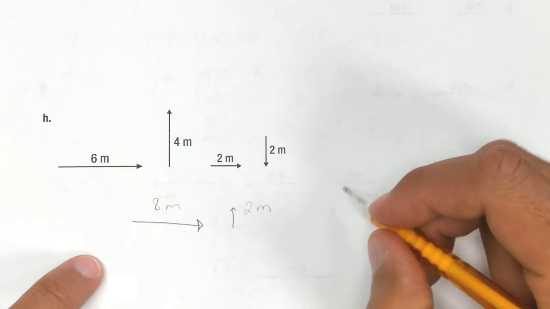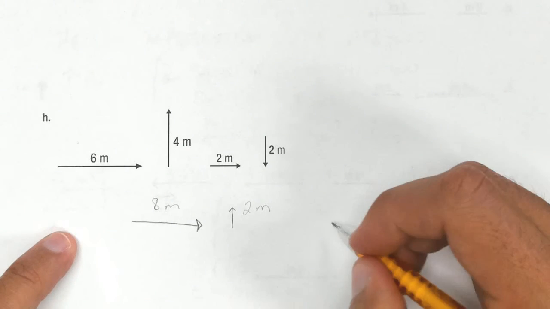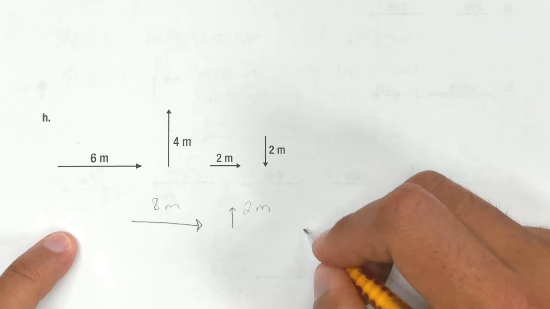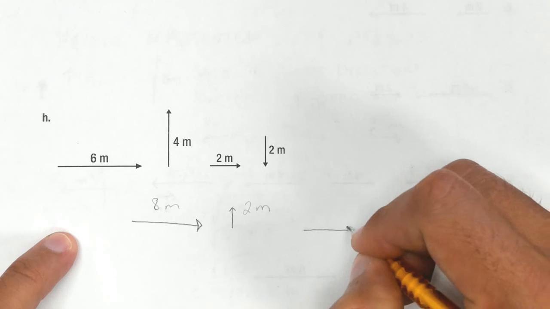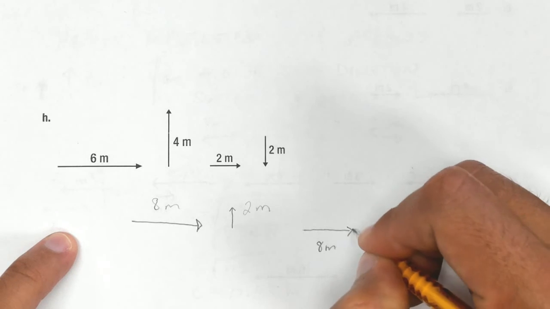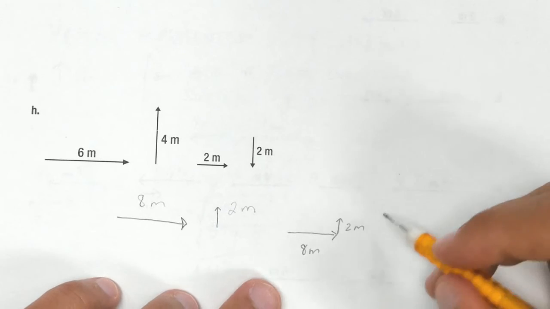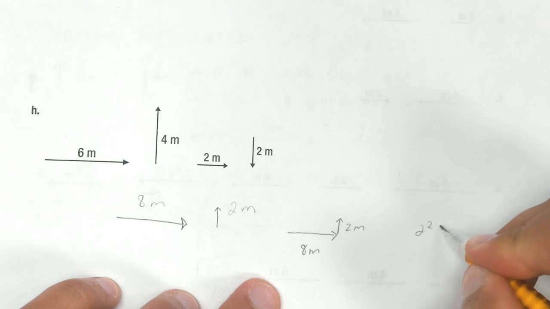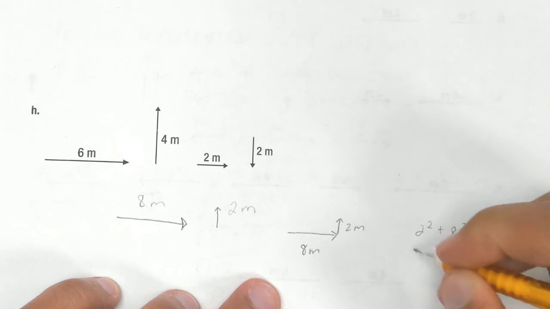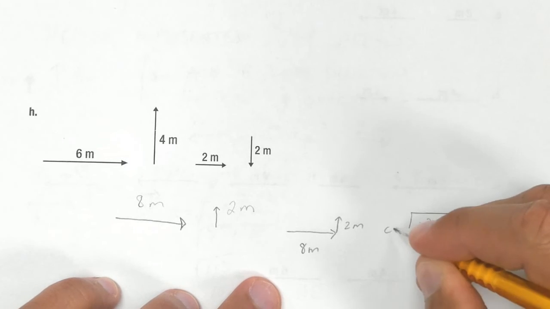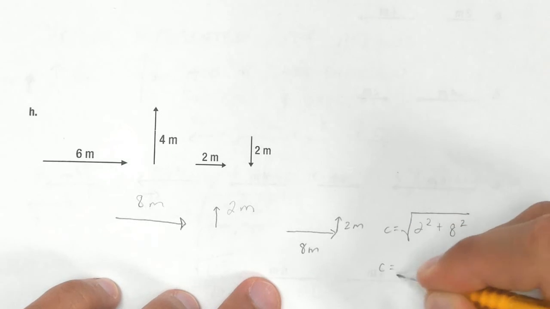So you plug them into your equation. If I redrew this as 8 meters this direction, 2 meters this direction, the square root of 2 squared plus 8 squared will give me the answer that I need.